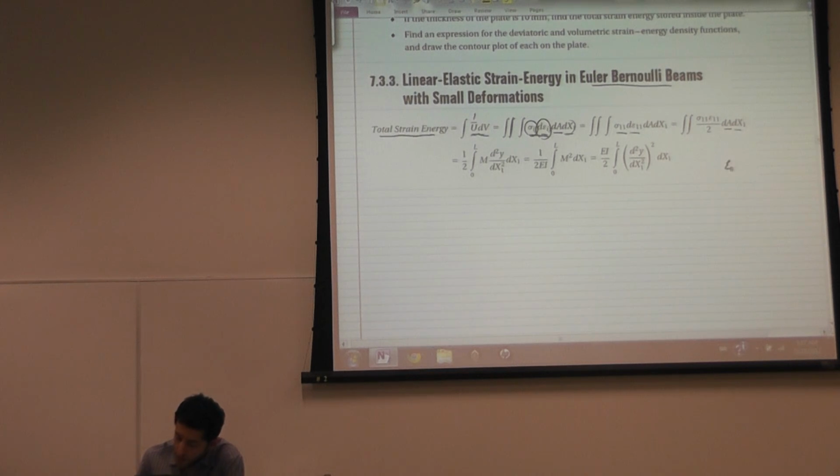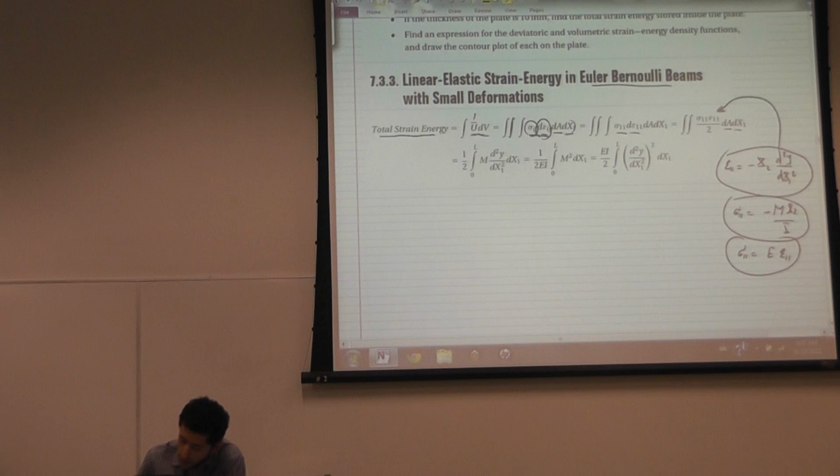Now epsilon 1 was equal to negative x2 d2y by dx1 squared. And sigma 1 was equal to negative M x2 divided by I, or sigma 1 is equal to E epsilon 1, whichever you want to use. You put it here and you get the following forms.